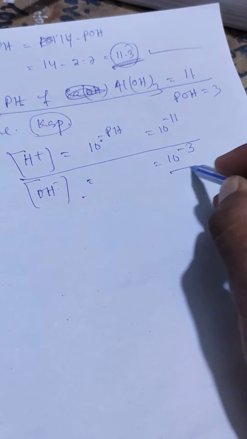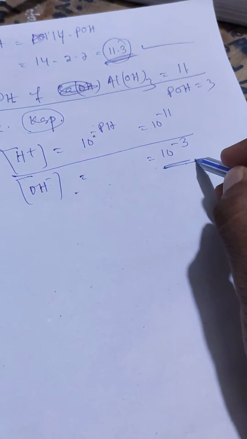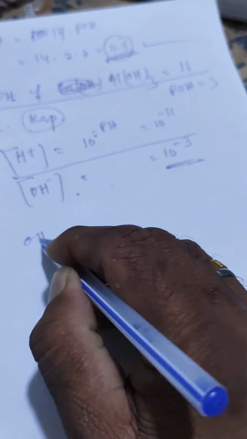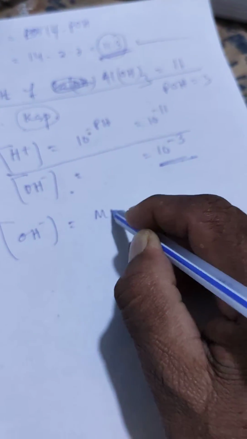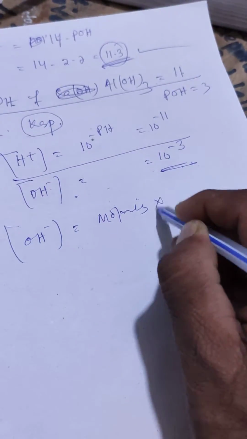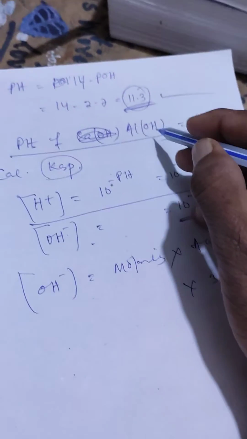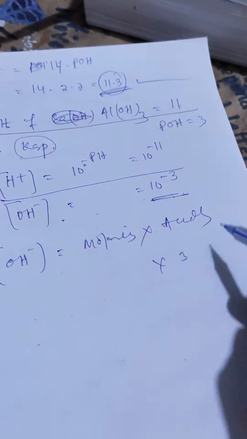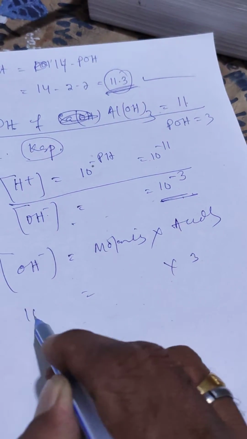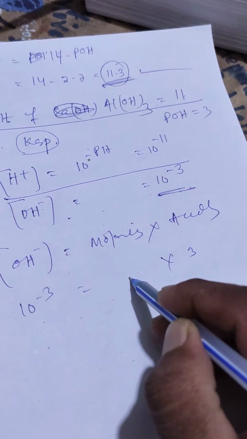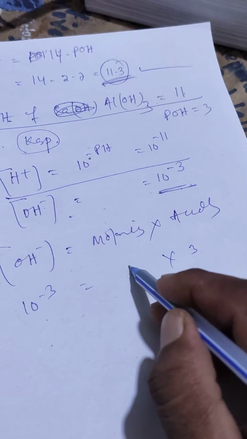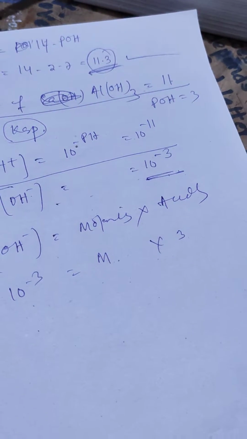Once you calculate the OH minus concentration, we know the OH minus concentration is equal to the molarity into acidity. As we know, the acidity of aluminum hydroxide is 3 here, it can provide 3 OH. So 3 times the molarity is 10 to the power minus 3. So the molarity you have to calculate.